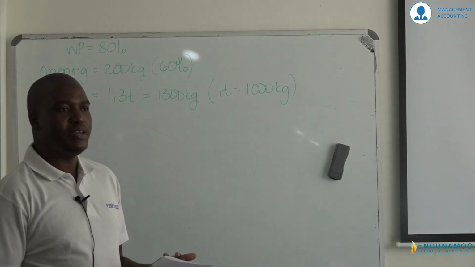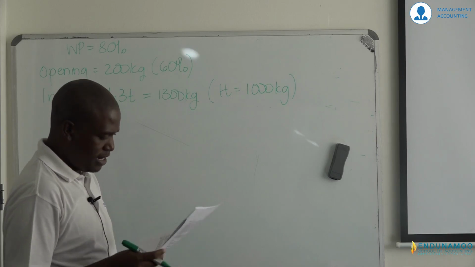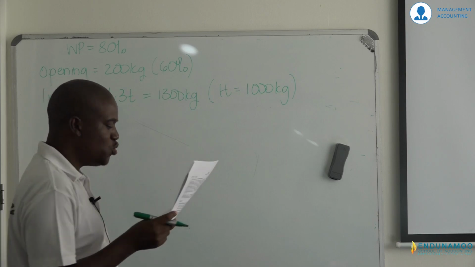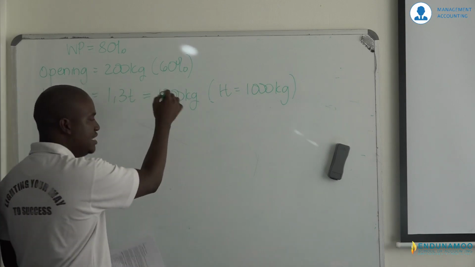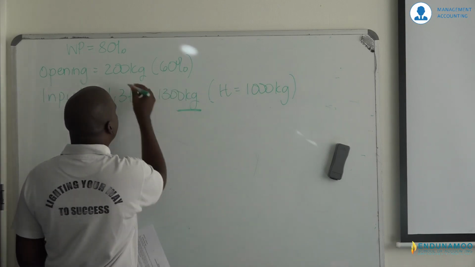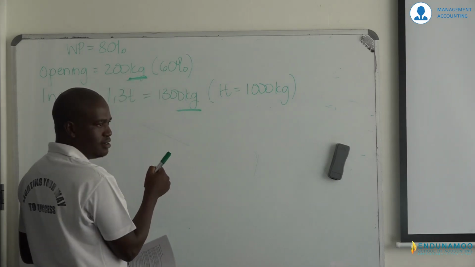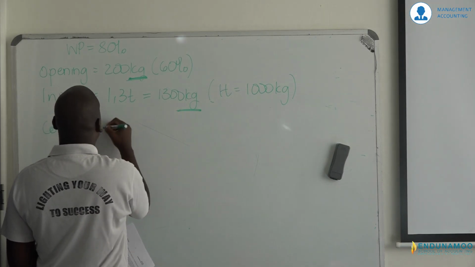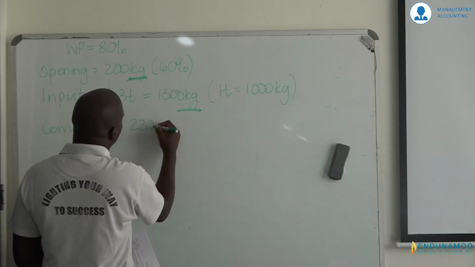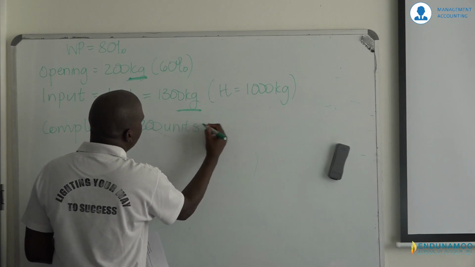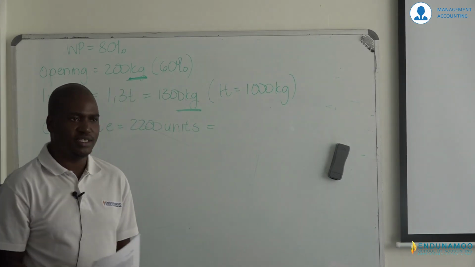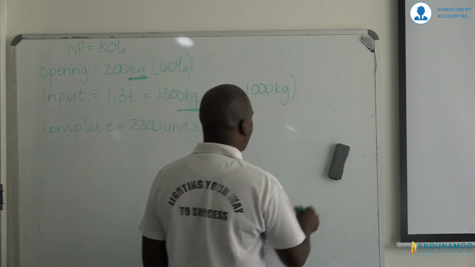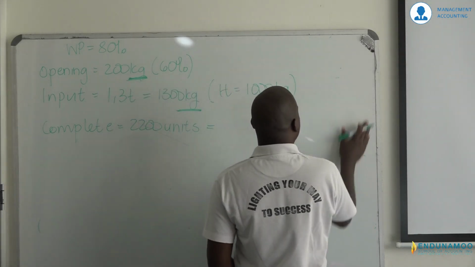But is this what is completed? No? Let's read further. They say 2,200 units were completed. Now they're changing. They've been giving us everything in kgs. Do you understand? Now they say to us, complete is what? Units. Now you needed to also convert these units to kgs. Then you'll remember what they said a unit is. A unit is equal to how many kgs? 500 grams.